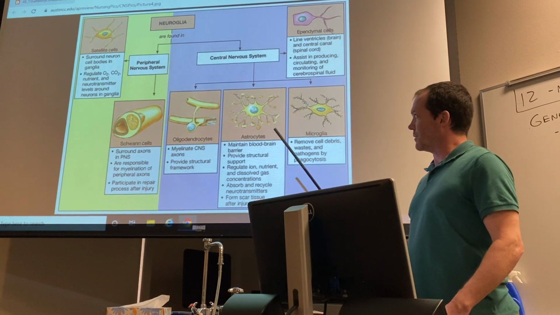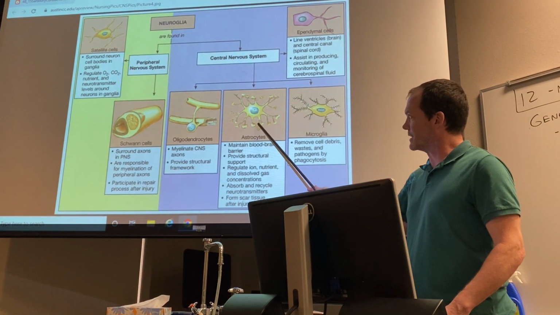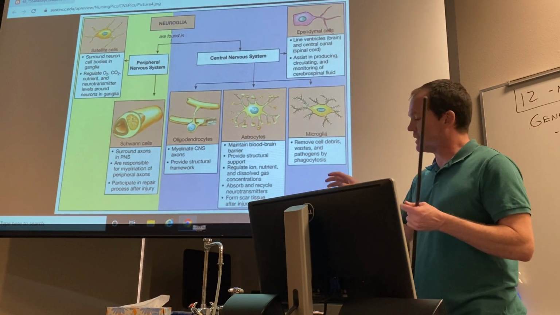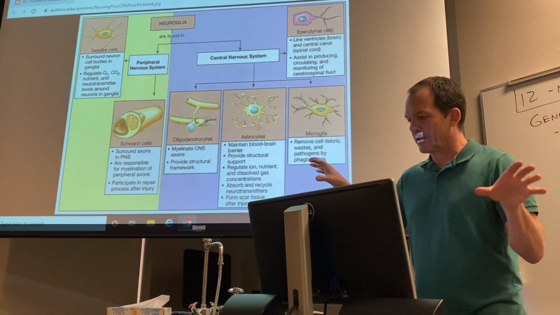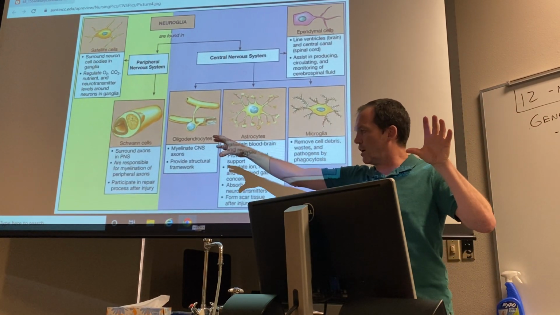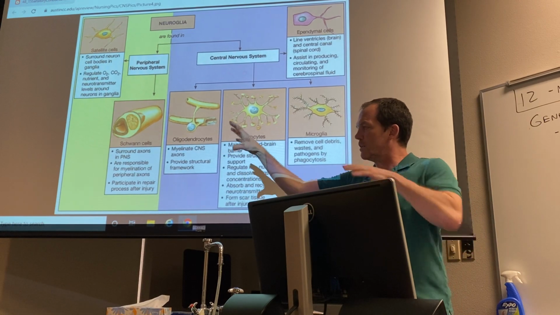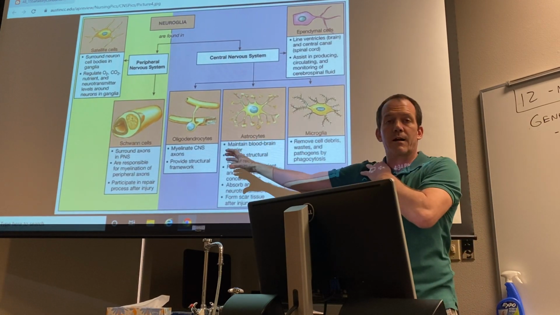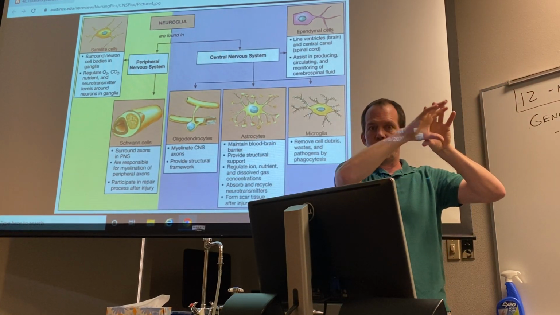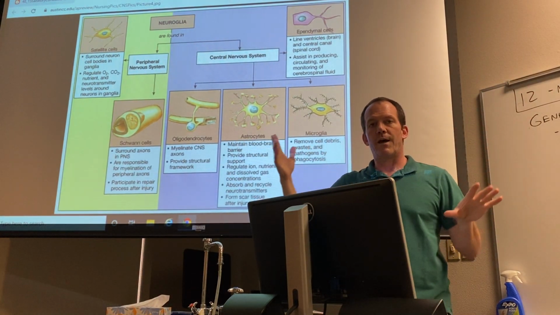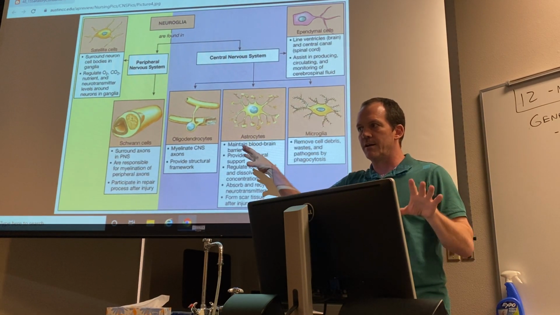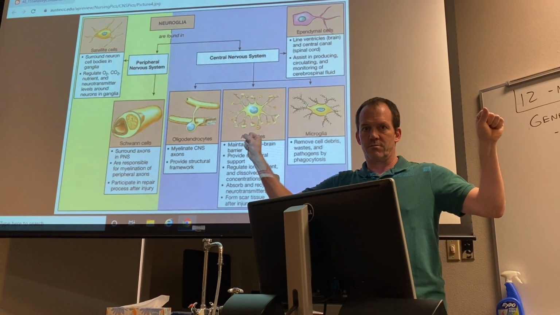Astrocytes are interesting cells. Now they look like they've got extensions, little suckers all over them, right? Well, what these little suckers do is basically form a middleman between your blood and your brain cells. If I'm an astrocyte, I'm going to put a couple of my limbs on a capillary, and I'm going to put the other limbs on neurons and on the brain cells, so that anything brought into my central nervous system by my blood has to go through security first, right?